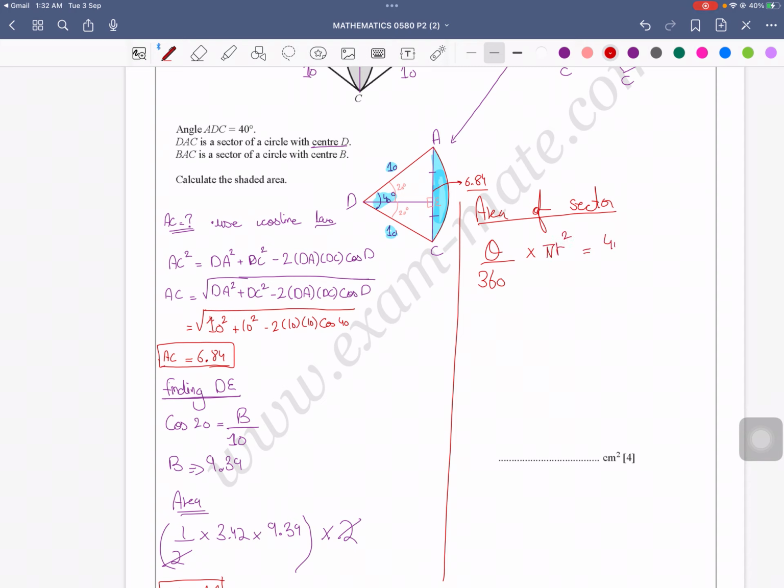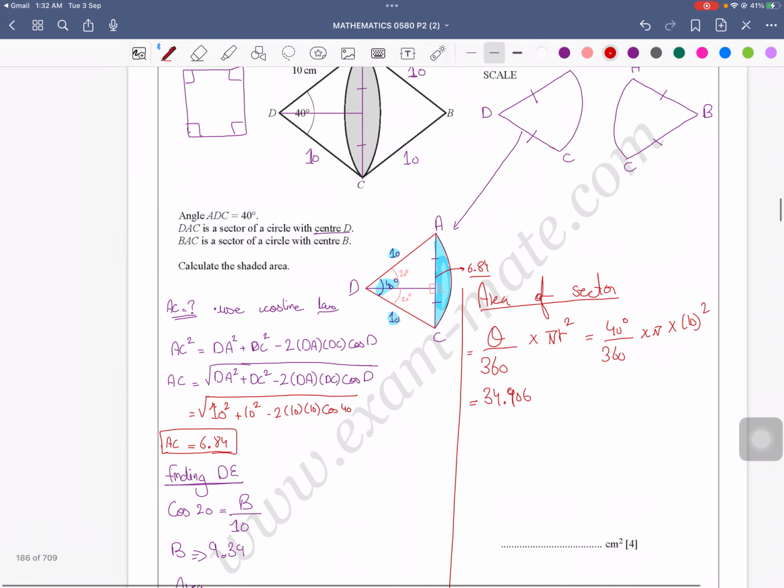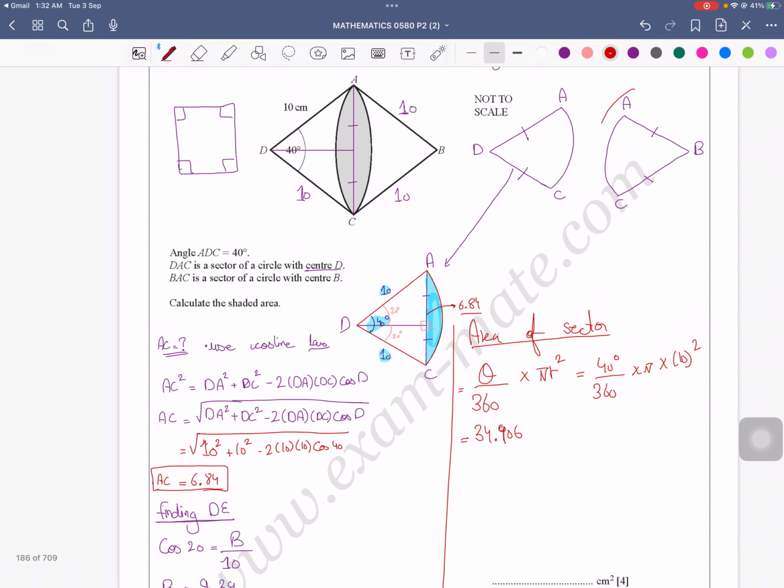So theta is 40 divided by 360 into pi into r squared, which is 10 squared. So this gives us the area of sector, that is 34.906, right?